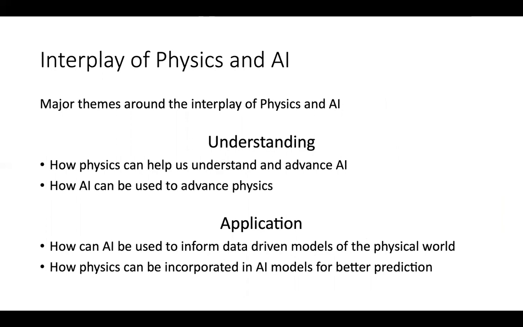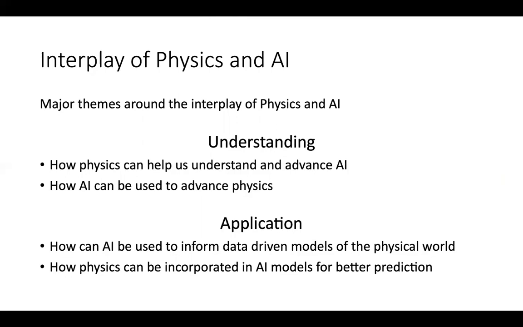So when we talk about the interplay between physics and AI, we can approach this topic across two different axes. First is the axis of understanding versus application. Are we trying to understand the phenomenon from a theoretical, foundational perspective, versus taking a more applied approach?